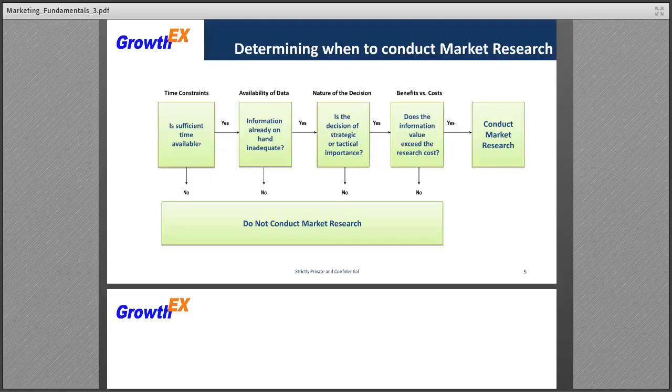Now suppose I have time in hand, I know that I require adequate information as a result of the market research, and the decision to be taken is of strategic importance. Then I will test the final parameter, and that is the ROI of the cost.